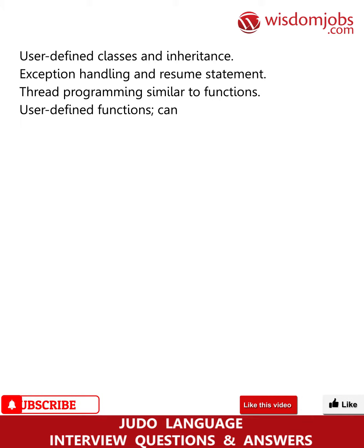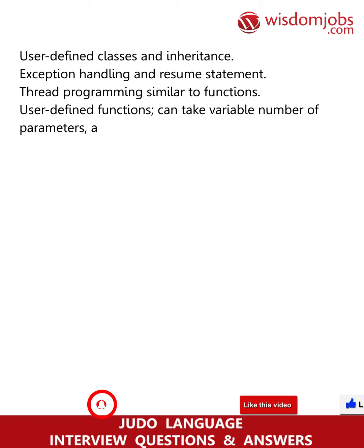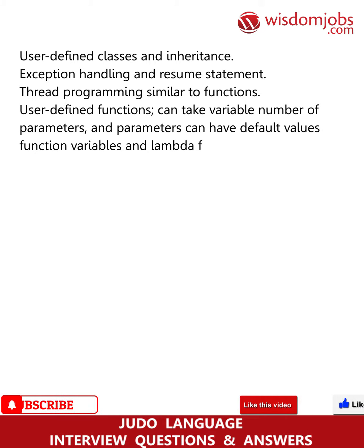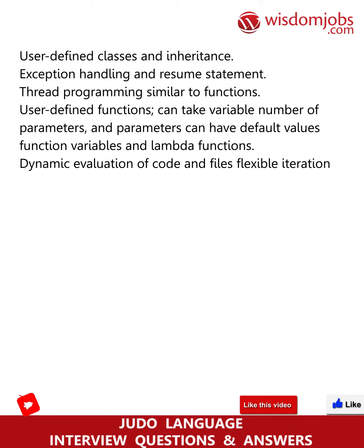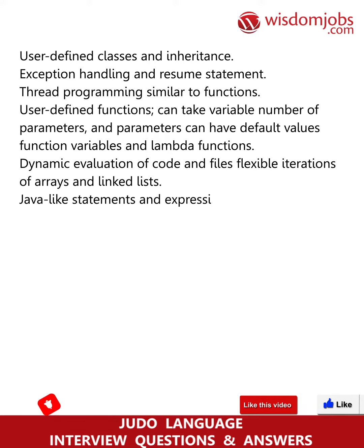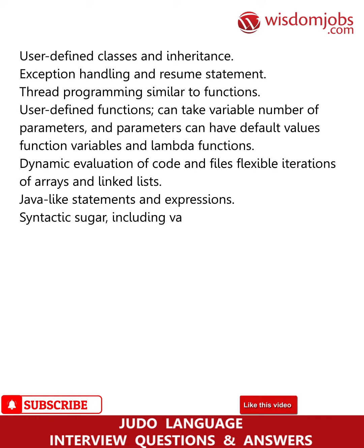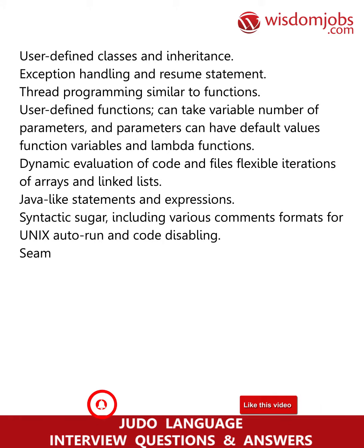User-defined functions can take variable number of parameters, and parameters can have default values, function variables and lambda functions. Dynamic evaluation of code and files, flexible iterations of arrays and linked lists, Java-like statements and expressions, syntactic sugar including various comment formats for Unix sh-bang or run and code disabling, seamless uses of Java classes, objects and arrays.